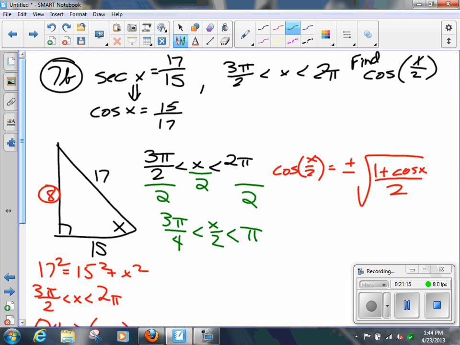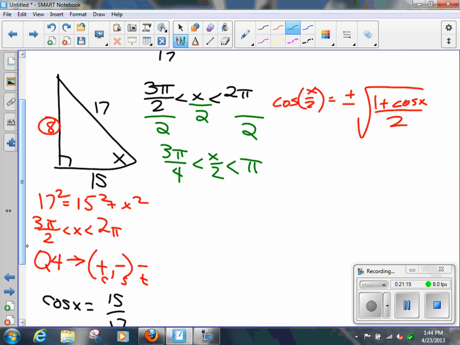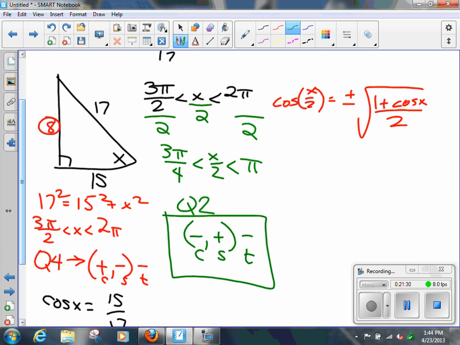Where is that half angle? Quadrant 2. Negative, positive, negative: cosine, sine, and tangent. This I use for my answer. The sign is for my answer.